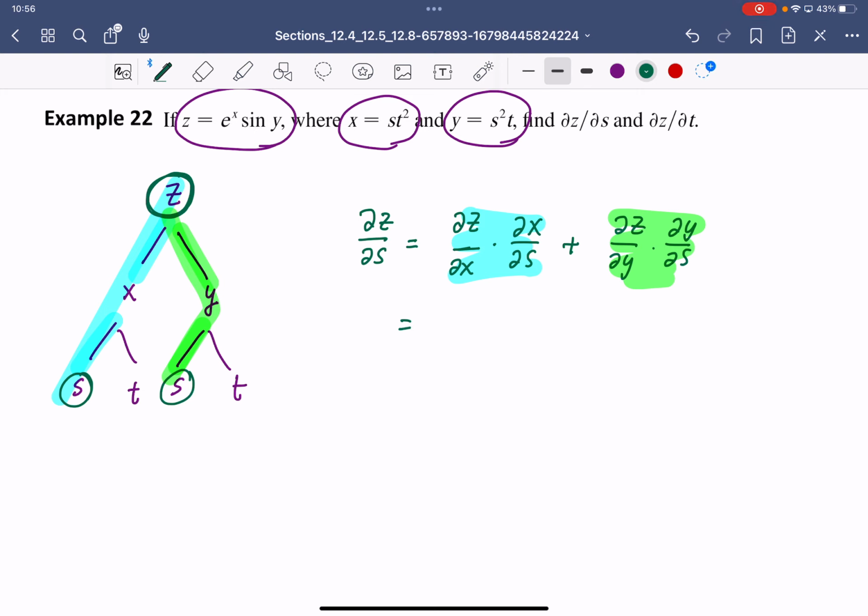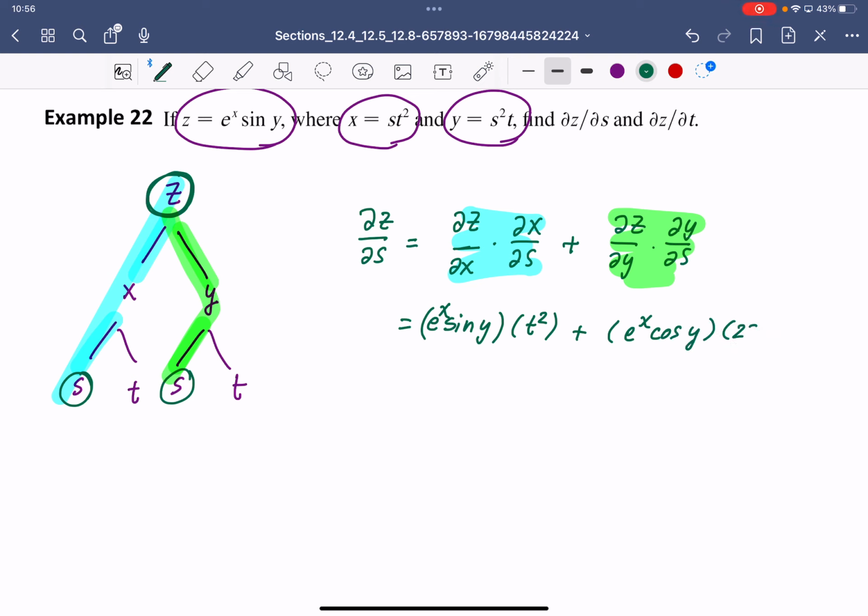Differentiating c with respect to x, you get e to the x sine y. Then differentiating x with respect to s, you get t squared. Now ∂c/∂y gives e to the x cosine y, and ∂y/∂s gives 2st.